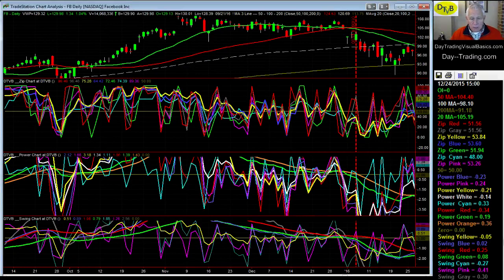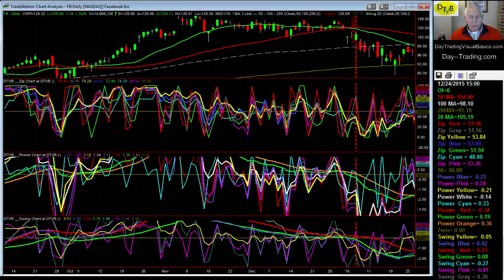In the power chart, here's a very effective and often seen move, and that is the power Zion is close to either the power orange or the power green, and it basically mimics their direction. And in this case, the power Zion is in a low angle down peak.